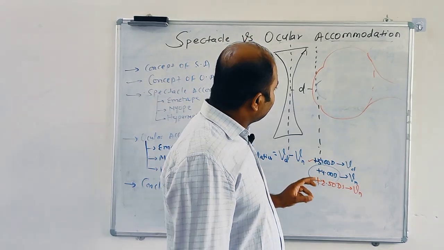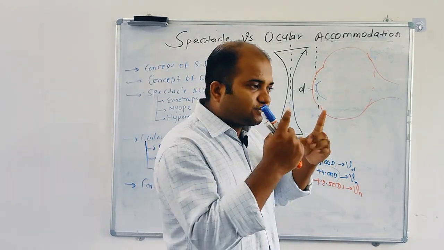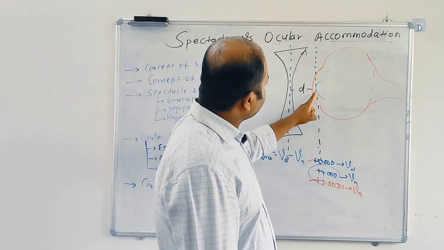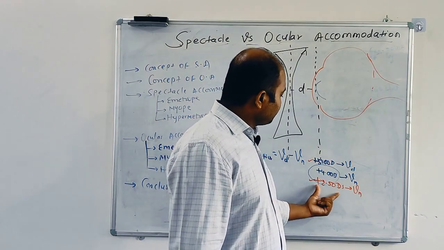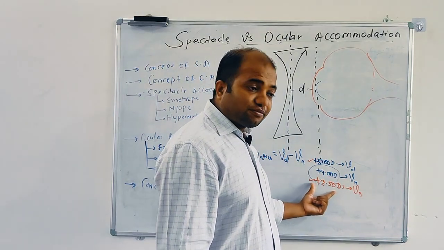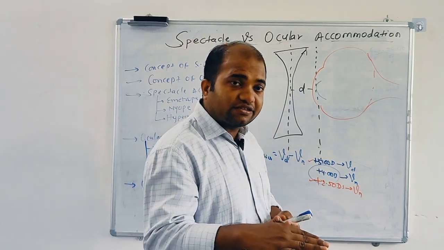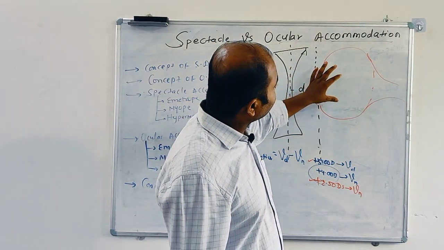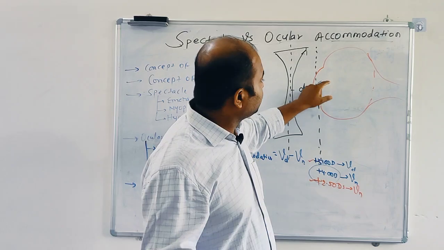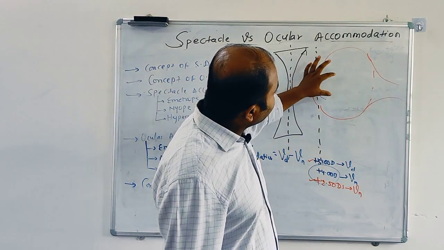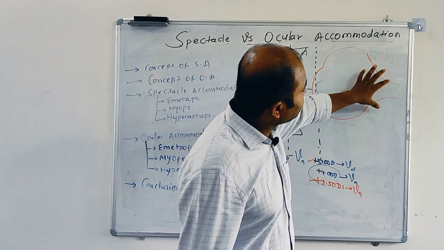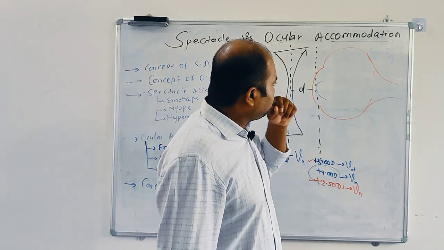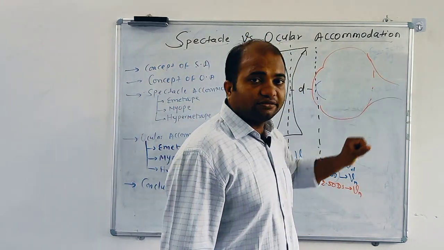These are the assumptions. But the same eye, if they want to see at 40 centimeter, to read a book or use a phone, at that time the vergence of light at this plane has changed to +2.5 diopter. That means the vergence has decreased by 2.5 diopter. That decrease in vergence means, if the lens does not accommodate, the light will be less converged by 2.5 diopter, so light would focus behind the retina by 2.5 diopter, right?